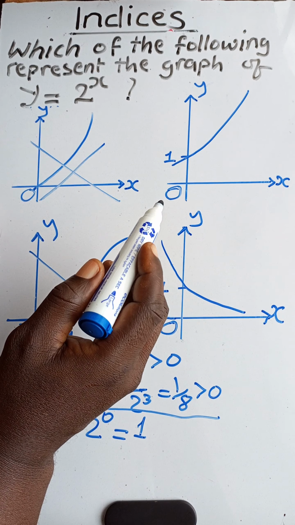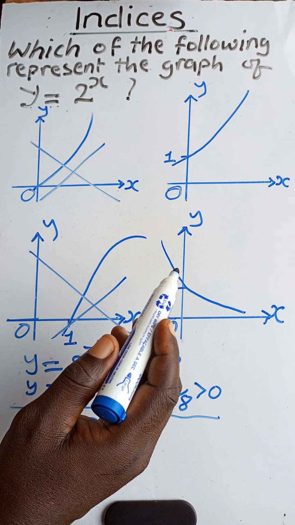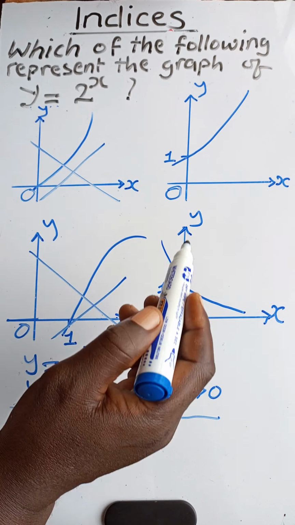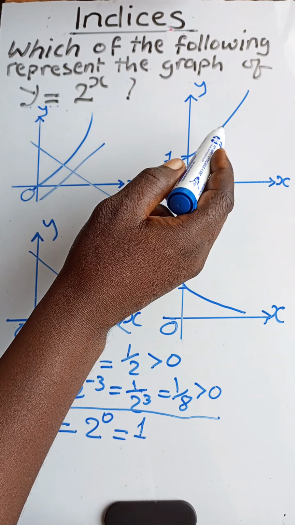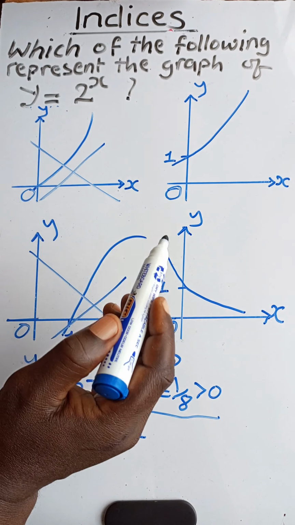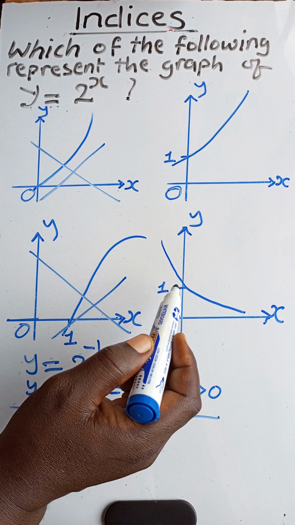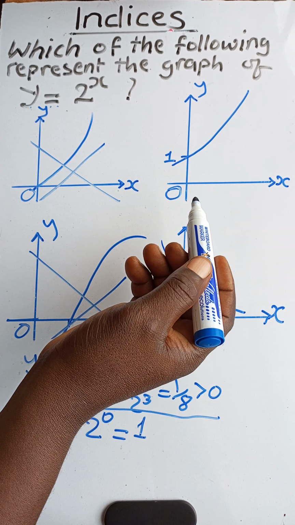Now, we'll look at the next aspect. Which one is going to be the right graph, this or this? We see that this graph slopes like that, and this other one curves like this. A simple analysis can be done.